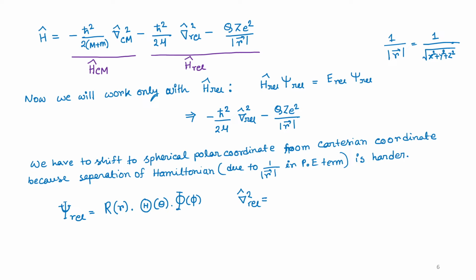You can do the same treatment: 1 by del x, you can write it in terms of del r by del x, where theta and phi are constant, then this is your del by del r plus your del theta by del x.